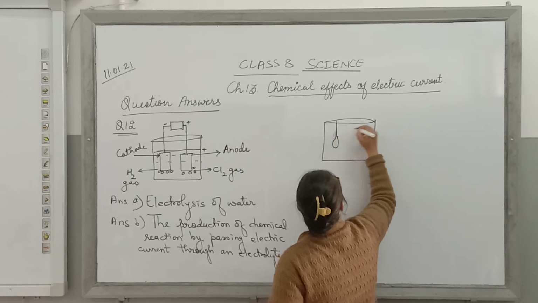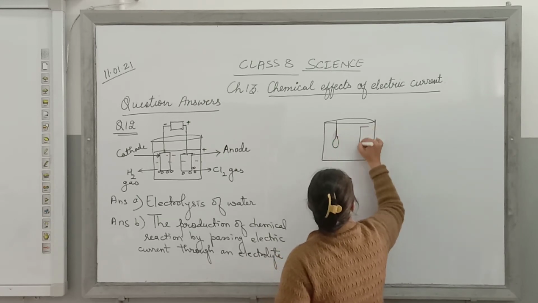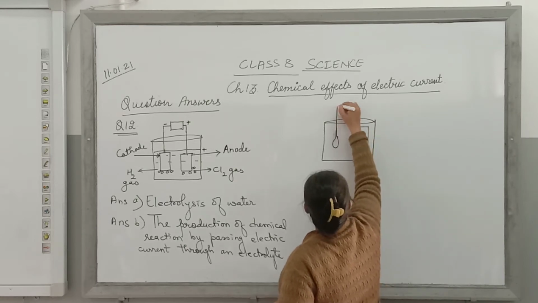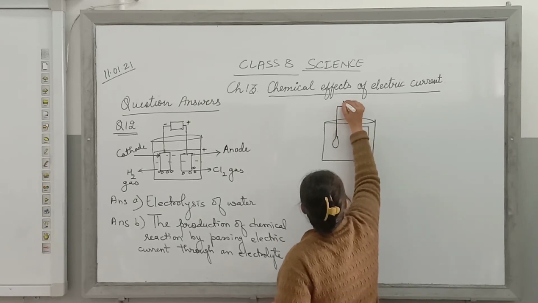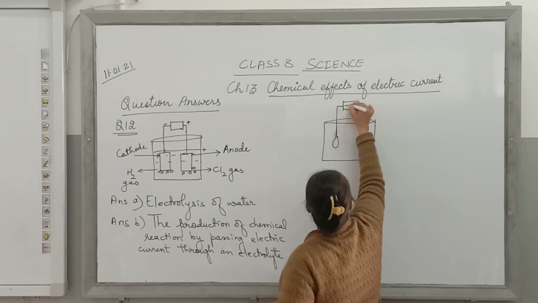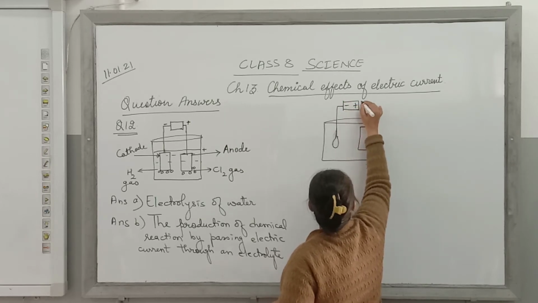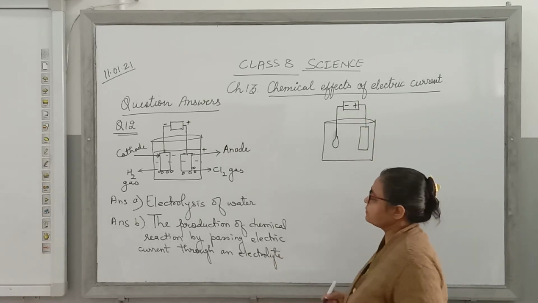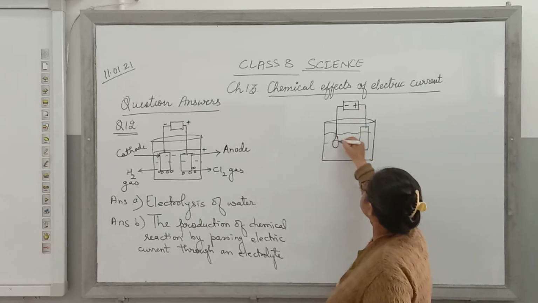And on the other electrode, you can see a reddish brown colored metal attached. And here again is the battery. This is the negative side of the battery. This is the positive side of the battery. Okay, and the electrolyte is there.